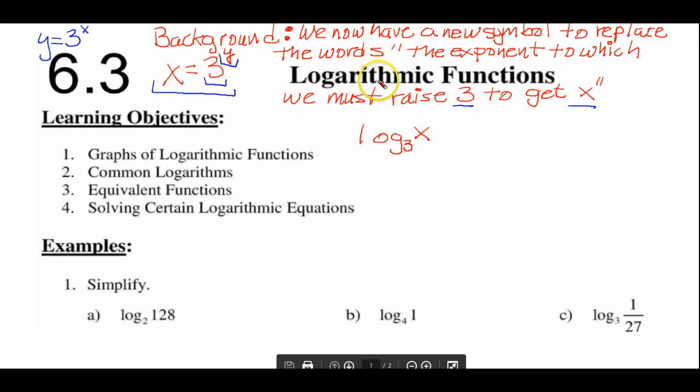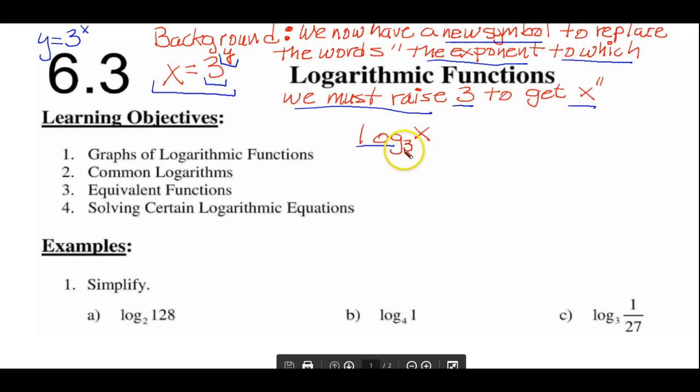Now we're going to replace those words, the exponent to which we must raise, with a new symbol. And that symbol is log, or logarithm. Log is the short way of saying it.